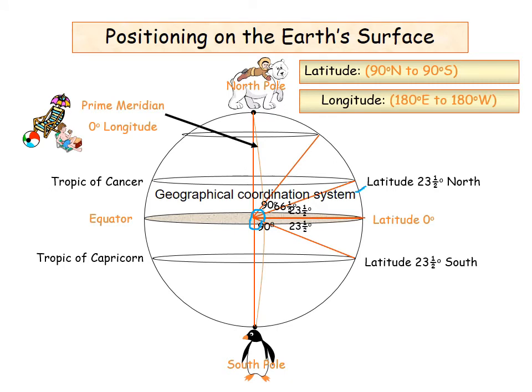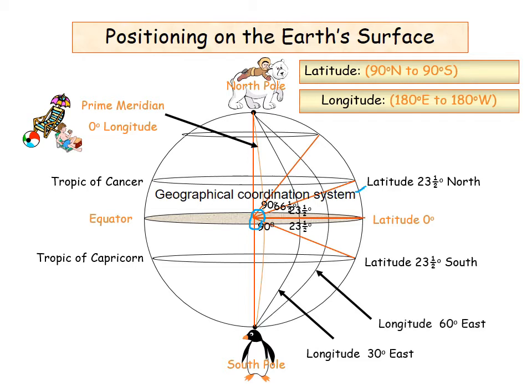The prime meridian, which runs from north to south pole, all the references are made from this prime meridian. Those are called as longitudes, which is east of the prime meridian, and this is 60-degree east of the prime meridian, the longitude, and this is the 90-degree east of the prime meridian.